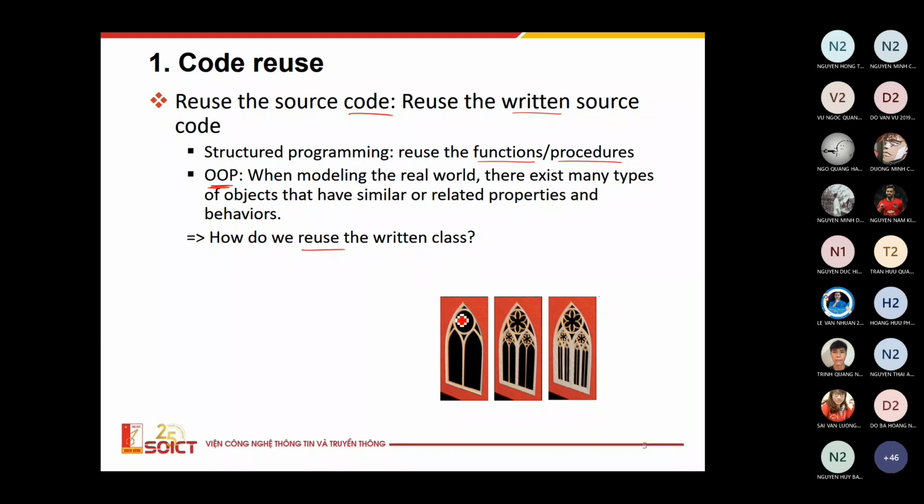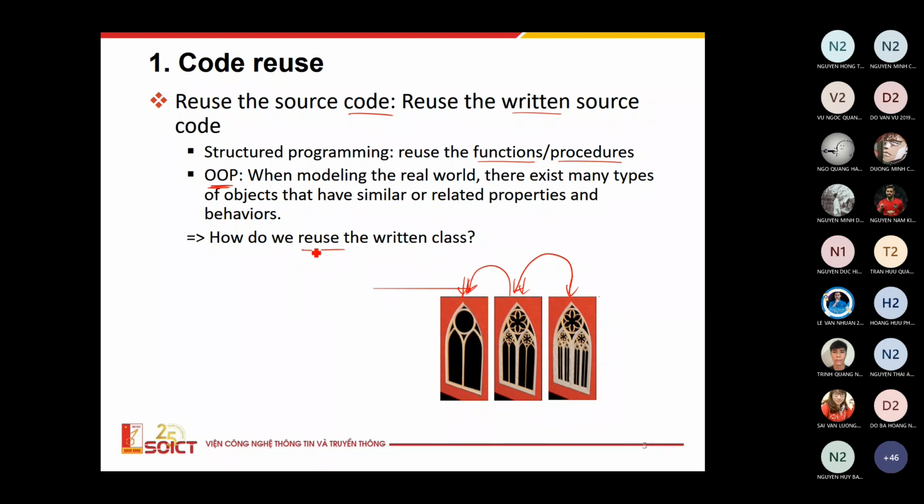For example, you see in this window, the last one is really complex. To create the last one, you can create this kind of window, and to create this kind of window, you can create a simpler one like this.